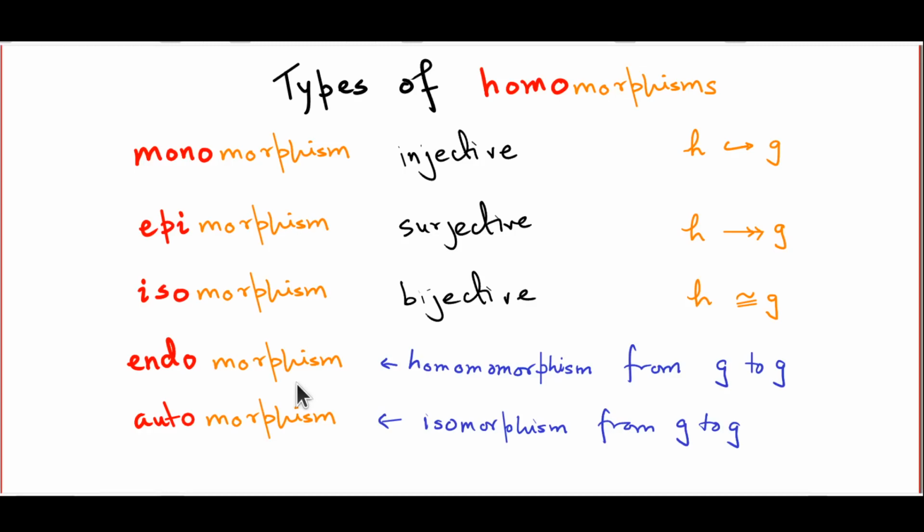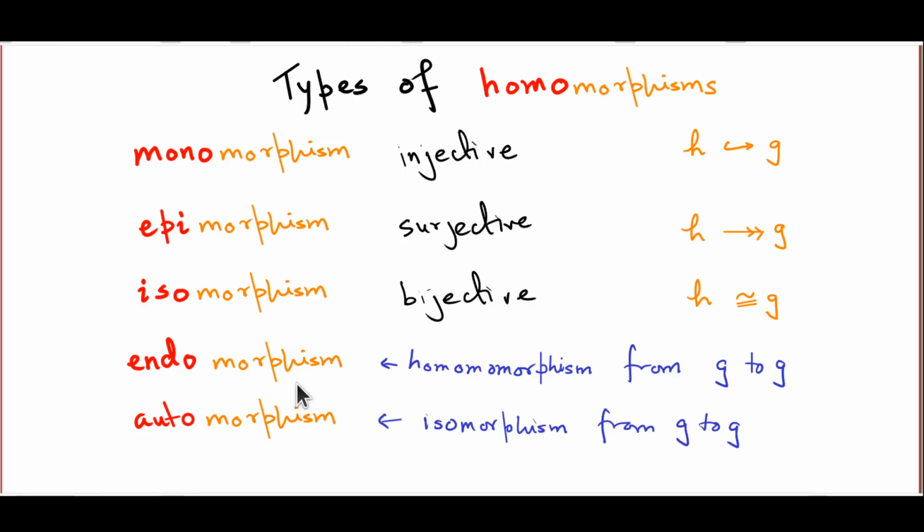Once again, this is exactly the same as what we had for groups. As far as group structure is concerned, two groups which are isomorphic to each other are essentially the same group. The same can be said about Lie algebras. Two Lie algebras which have an isomorphism are essentially the same as far as Lie algebraic structure is concerned.